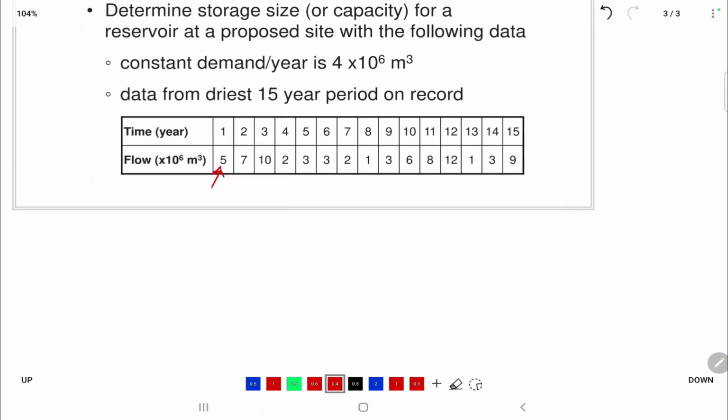The first thing in the solution is I will provide this graph of time, and here it is cumulative runoff and cumulative demand. Okay, come for the first year.